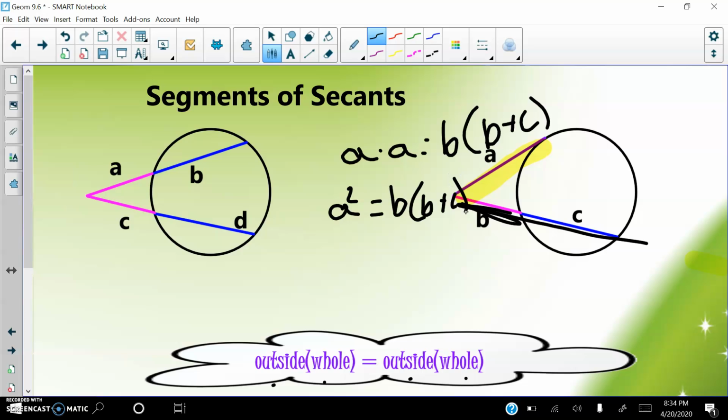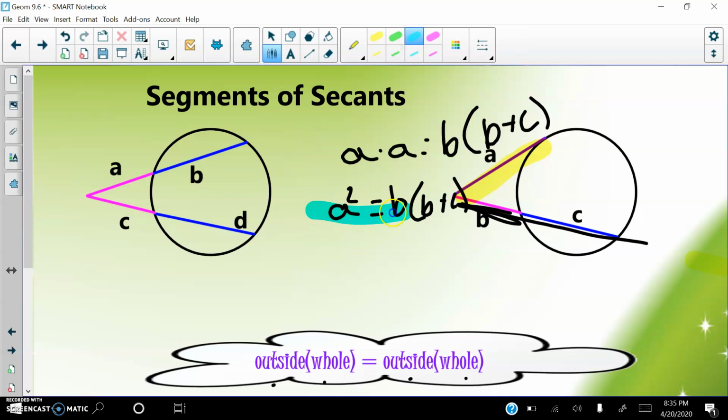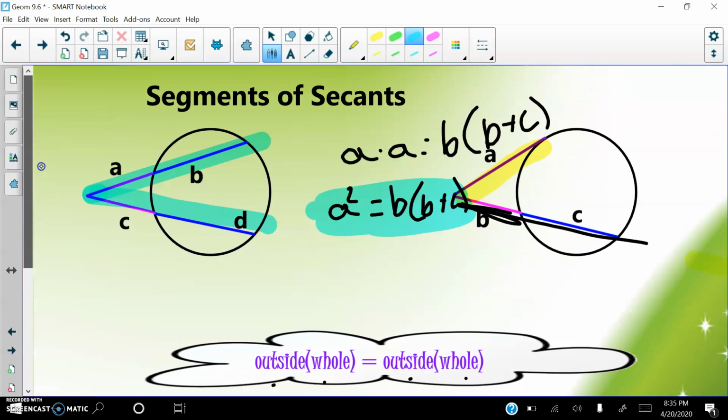I like to look at this one; it's easier for me to comprehend. It's A squared equals B times B plus C, and the other one was A times A plus B equals C times C plus D. Outside times the whole equals outside times the whole.